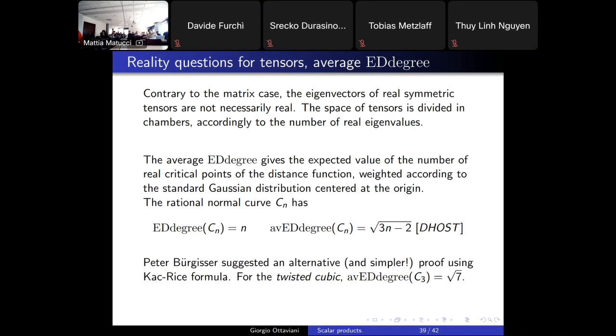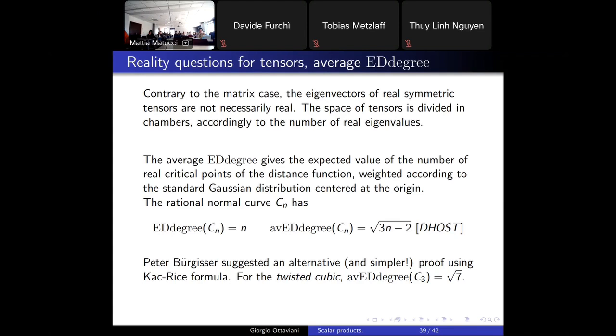This is the result we found. This is for binary forms. So the Cn means the Veronese of P1 of degree n, the ED degree is n, and the average is this number. This is a bit larger than the square root of n. There is this factor here. For the twisted cubic, we have the square root of 7, which is a bit less than 3.